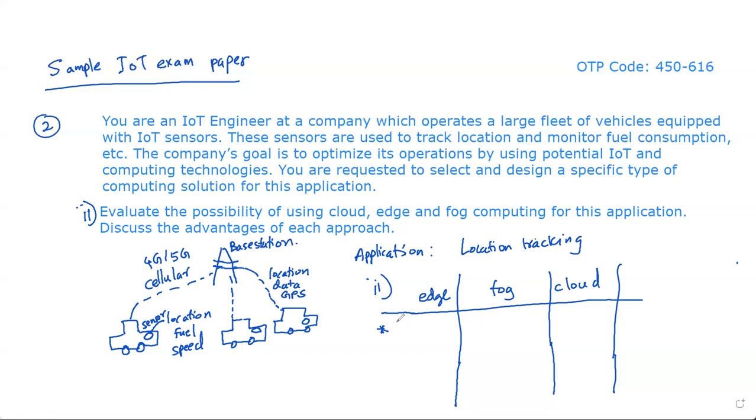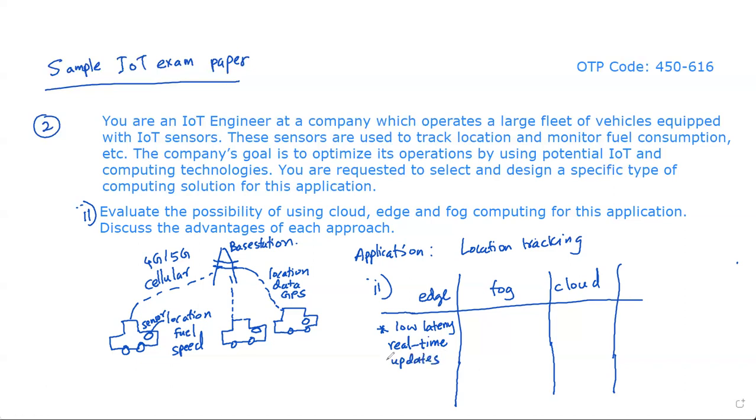Yeah, low latency, right? Low latency is an advantage in edge computing. Because of this, we can get real-time updates regarding the application, right? So we can get real-time updates regarding the environment using edge computing.